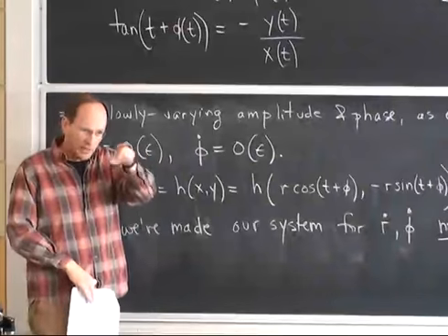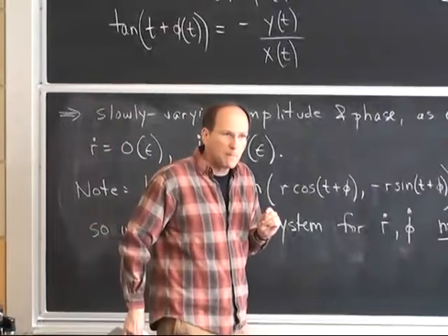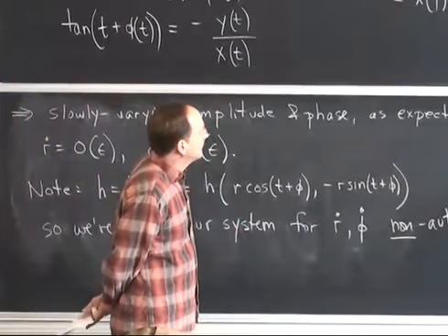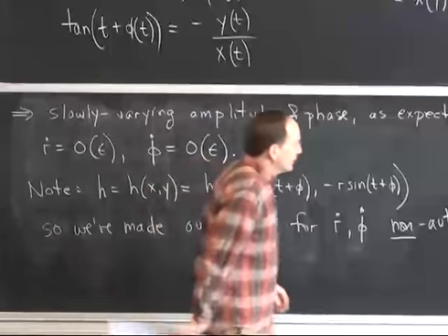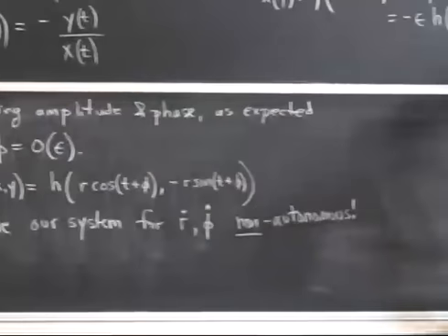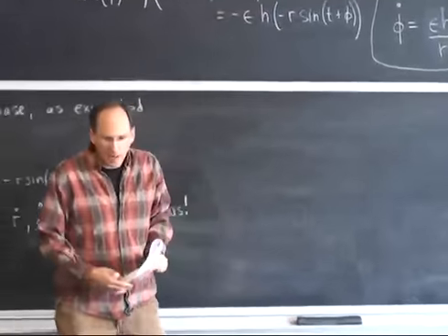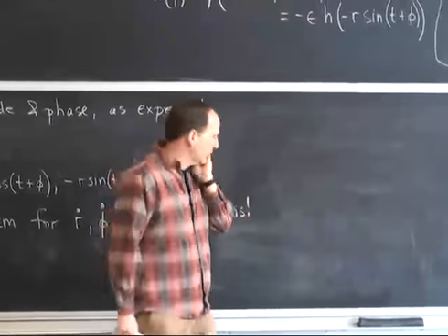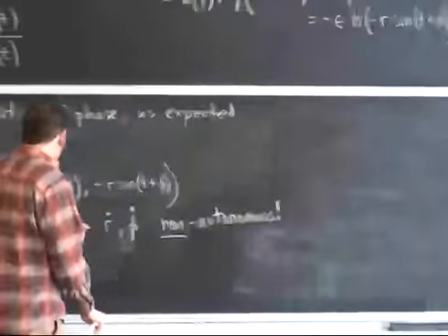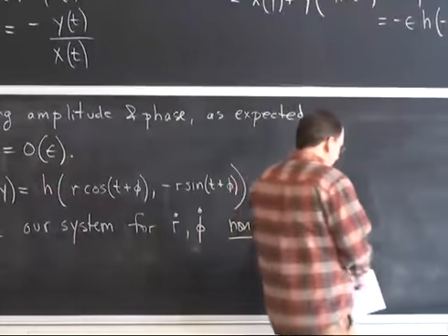I saw a question. Yes? Why did you say it was non-autonomous when T was already in there? No, it's certainly non-autonomous when I look at these equations also. I just mean that when I looked at the x dot y dot equations, I guess I shouldn't have said it that way. It's not that we made our system for r dot phi dot non-autonomous.